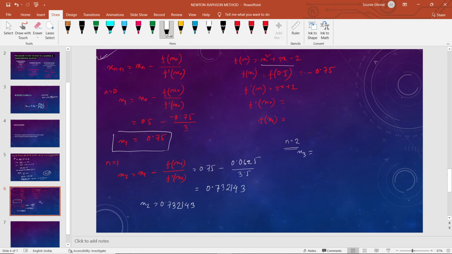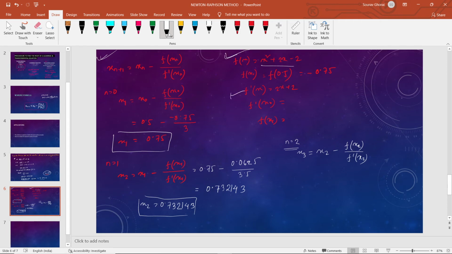Now if you put n equal to 2 in this equation, x3 is equal to x2 minus f(x2) divided by f dash x2. Similarly, you have to put the x2 value in this equation and this equation, and I think you already know how to find it.